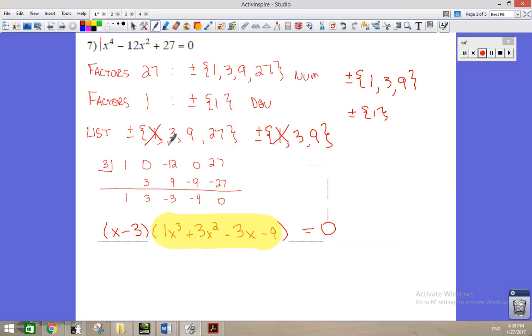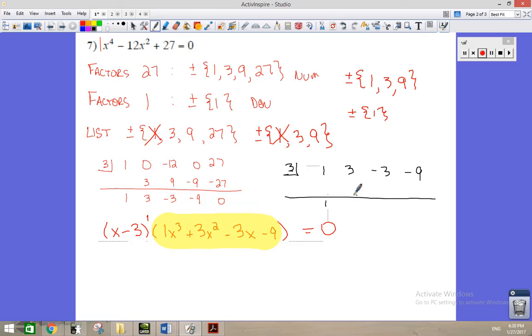Now, 3 did work, and there's a possibility that 3 might work again because maybe the multiplicity on this is greater than 1. So I might be smart to come back and right now try 3 on this and see if I could get a 0. I'm going to do it in a different color here just to keep track of what's going on. And I'm peeling off these numbers: 1, 3, -3, and -9.